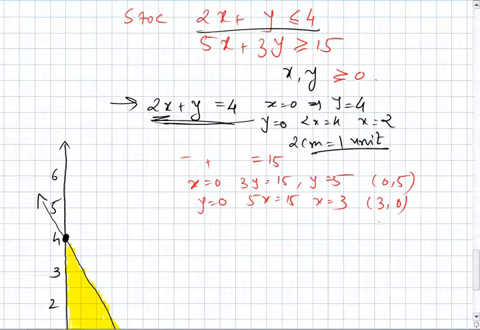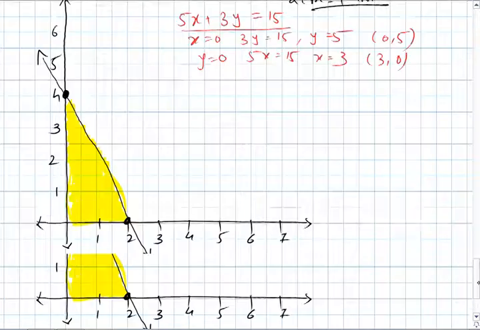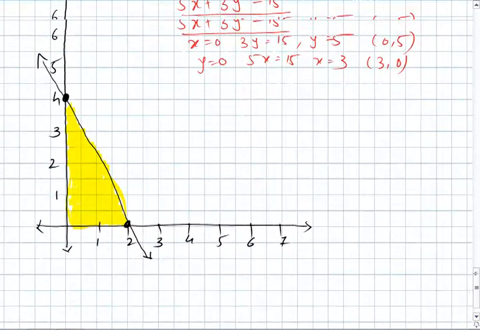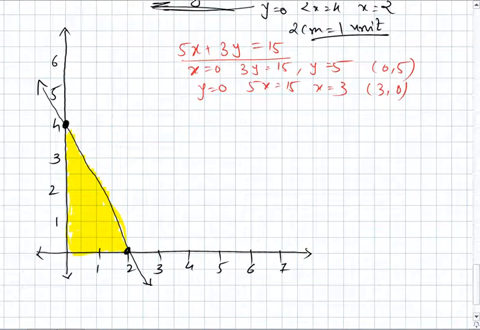So let's draw that. x equals 0, y equals 5, this point, and x equals 3, y equals 0, this point. So let's draw the line passing through these 2 points.